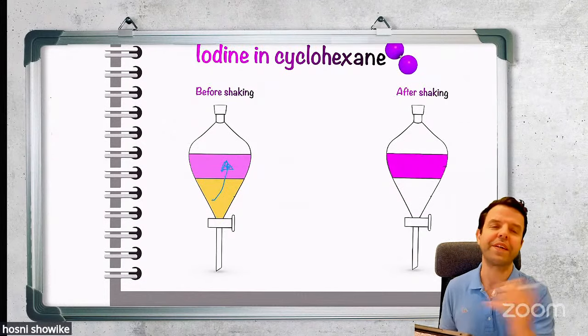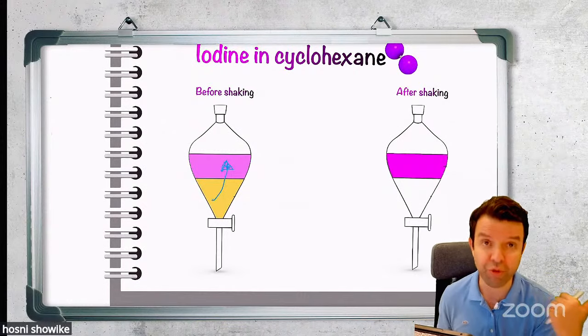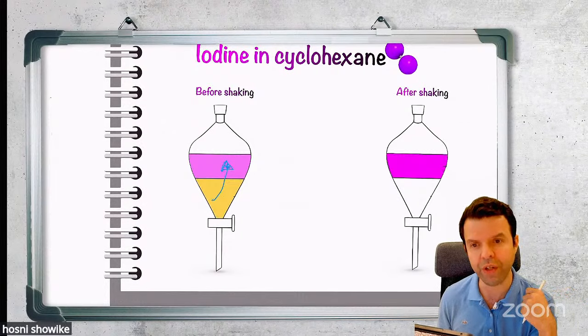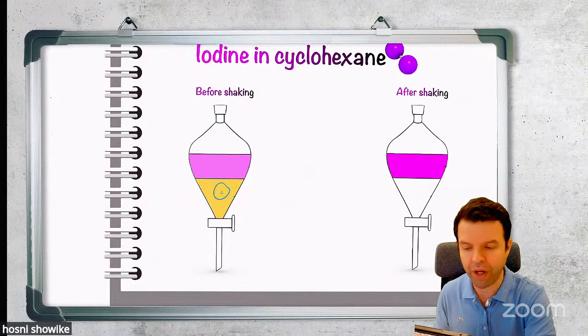Why? Because it dissolves better in cyclohexane. All halogens dissolve much better in organic solvents than they dissolve in water.